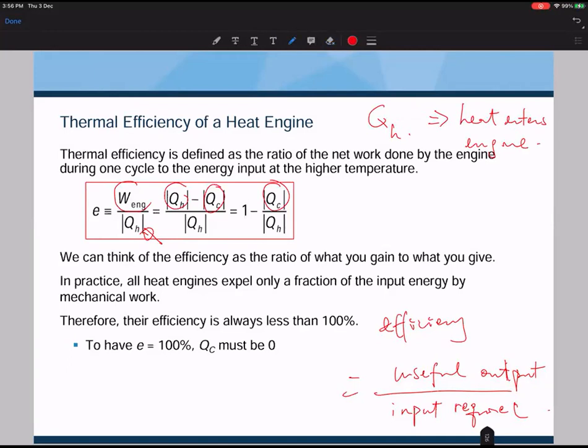On the other hand, QC, which refers to the heat energy thrown away by the engine, heat leaves the engine, so it should be negative. Numerically, it should be negative because it is the heat thrown away by the engine. And that is why we are putting the absolute sign, in order to consider just the magnitude in this equation.